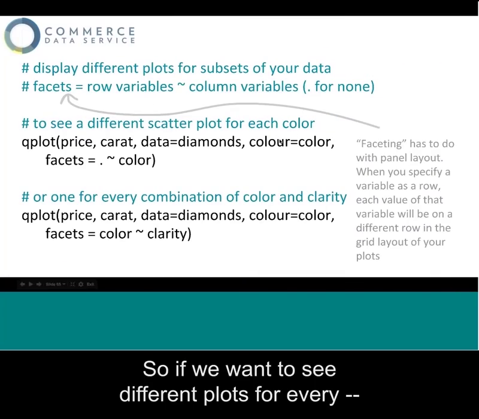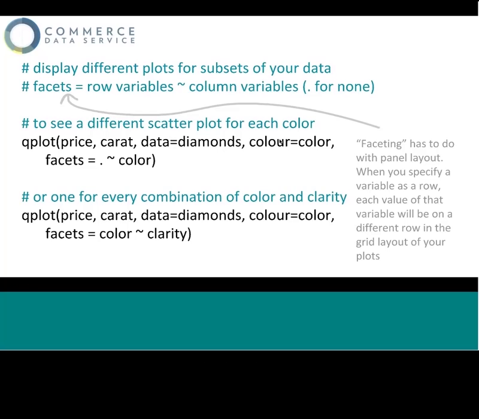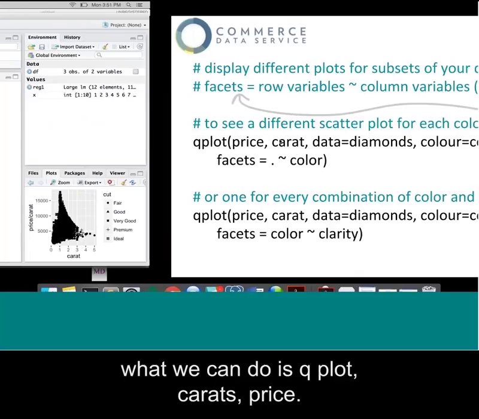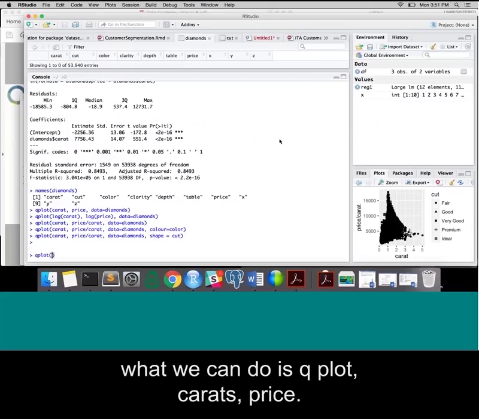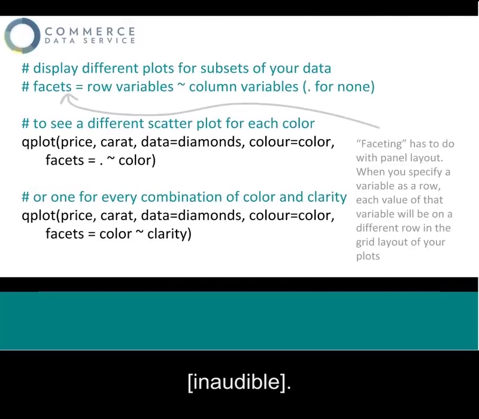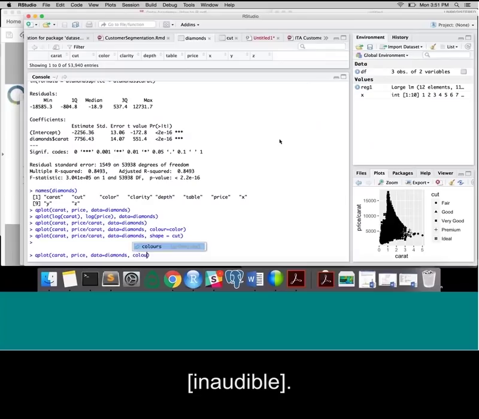So if we want to see a different plot for the price and carat for each diamond color, what we can do is qplot, carat, price, diamonds again, facets.